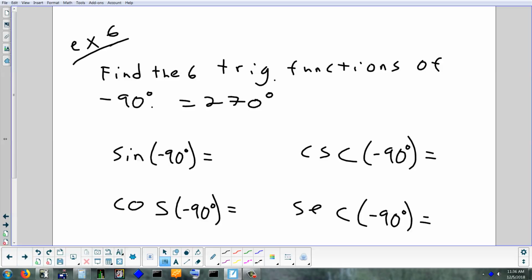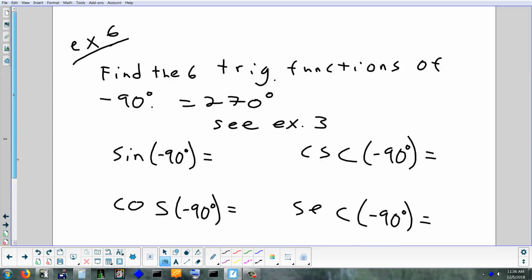We just did that in example 3. So always take something that's bigger than 360 or negative and fix it. And then maybe it'll turn out to be something you've already done earlier. Especially with quadrantal angles, because there's only 4 to pick from. So you tend to see the same ones come up a lot.